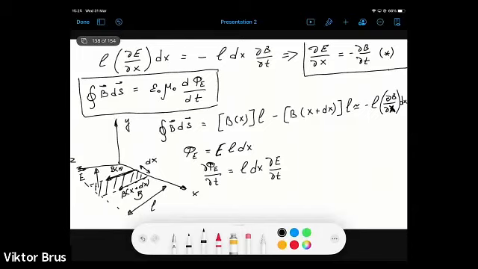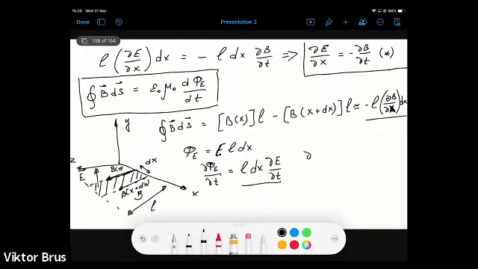So now we have left and right side of the Ampere-Maxwell equation, so we can put them together, and that will result in such equation, the second equation we need.